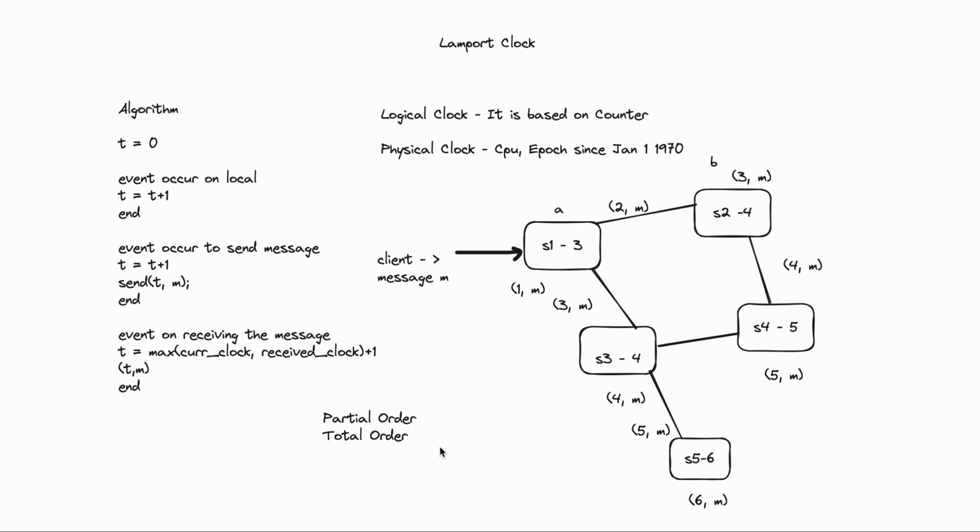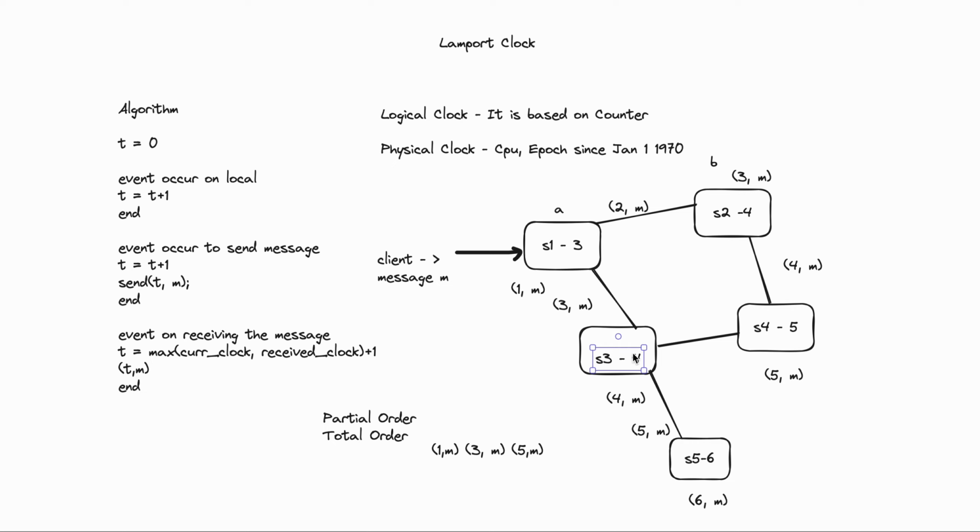So how to do it? Let's say that we have persisted all those messages. We have 1 comma m, and then 3 comma m, then 4 comma m. But this 4 comma m, let's say this one is 1, this is 3, and this one is 5.